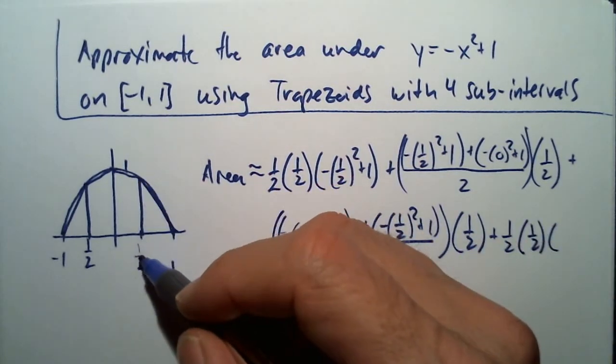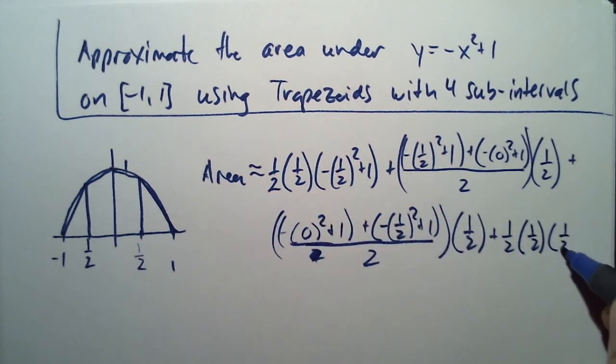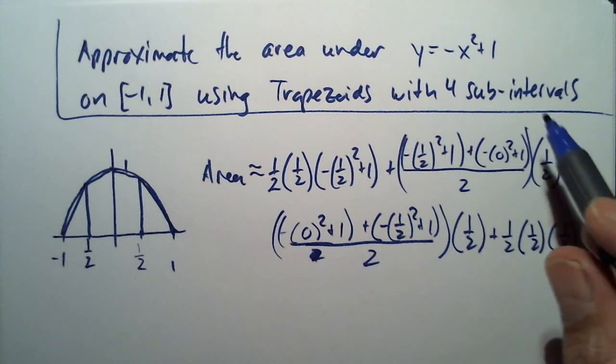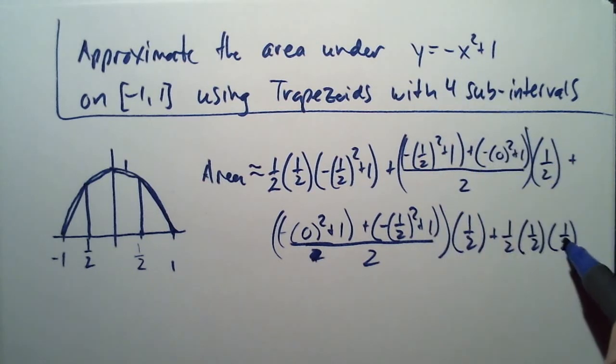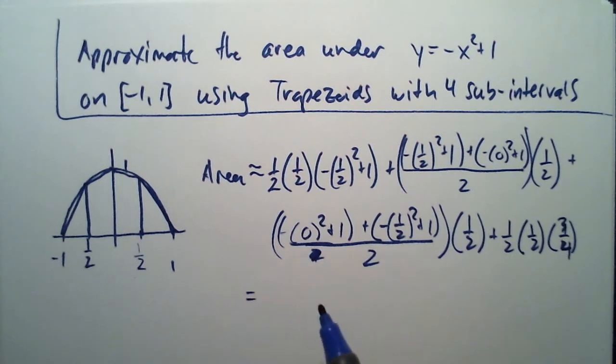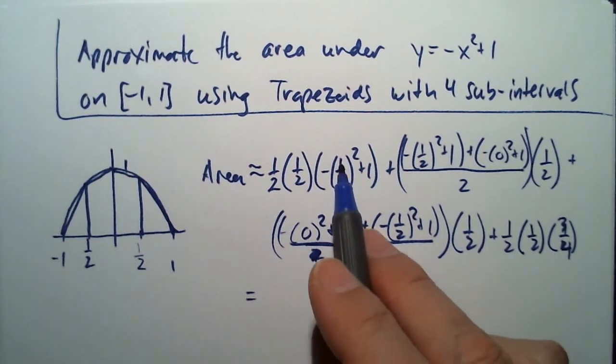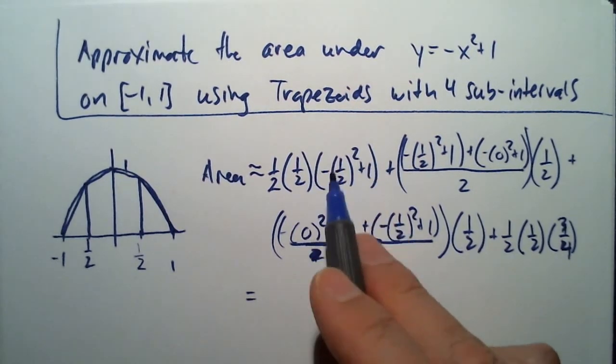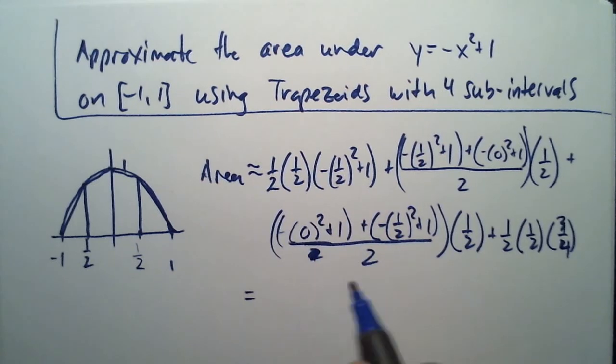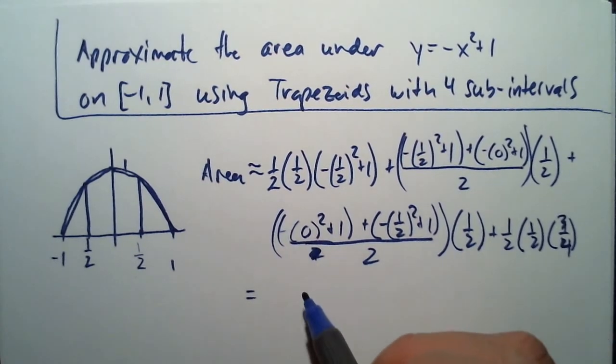The height is the height at 1/2. And that is going to be, the height at 1/2 is 3/4. So I'll just put it in there because I ran out of room. So this is negative 1/4. That'll be a 3/4 times 1/4, 3/16.